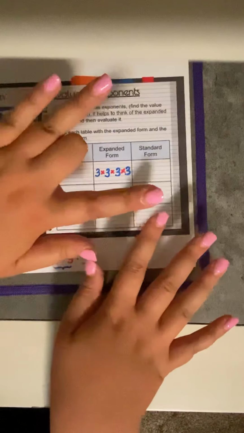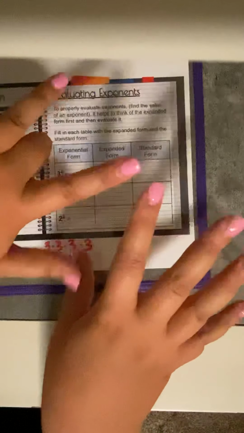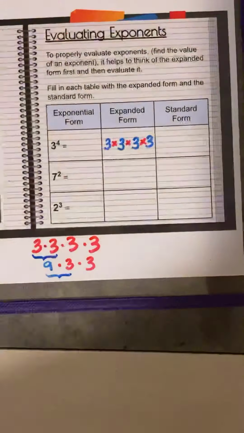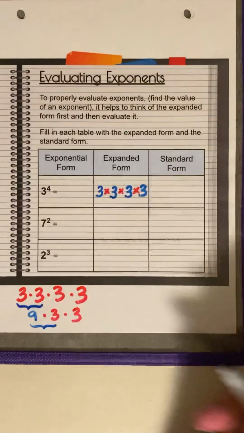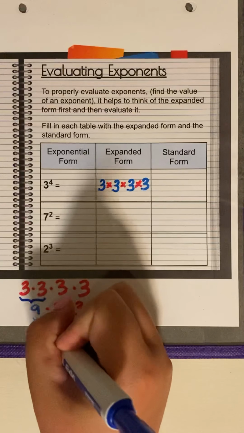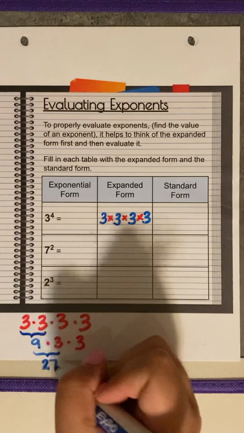So we have 2 on this side, so we have 20, and then on this side we have 7 fingers. So 9 times 3 is 27. There's a little trick if you have not known. You can practice it more. I can help you practice it more. So 9 times 3 is going to be 27. If you can see that, I apologize. There we go. 9 times 3 is 27.